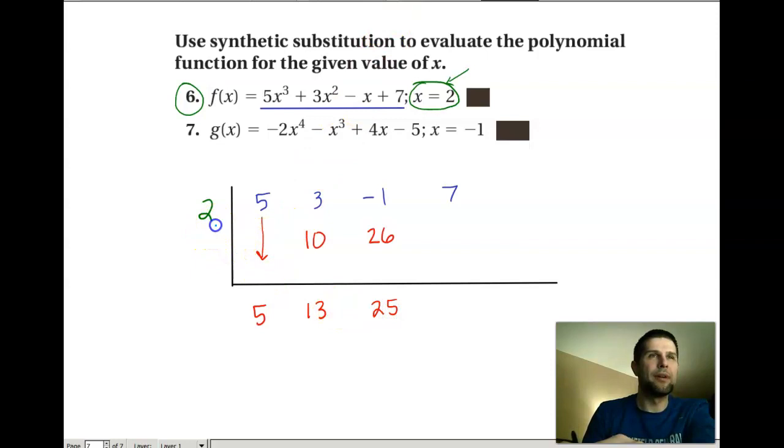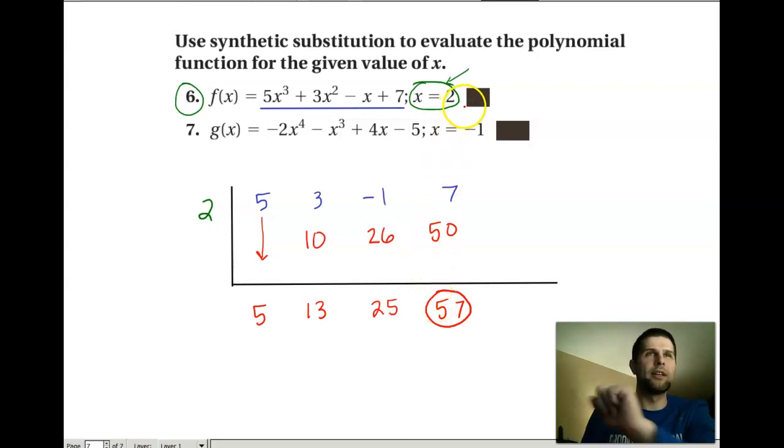I keep multiplying by this 2. So I say, what's 2 times 25? Well, that's going to be 50. So I'm going to put a 50 here. And then I'm going to add up again, so I'm going to get 57. And since I'm all the way done, I'm going to stop right there. This number right here should be my answer to the problem.